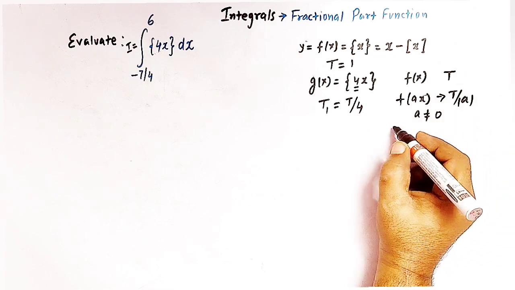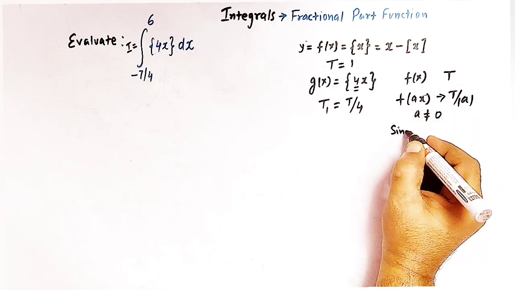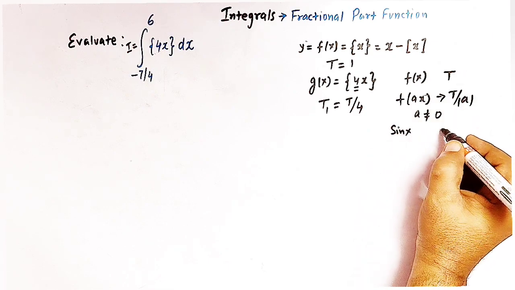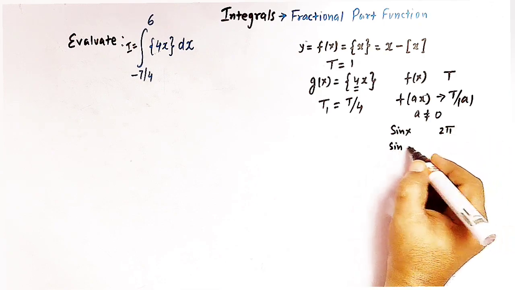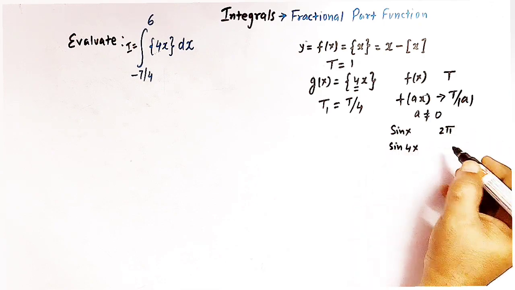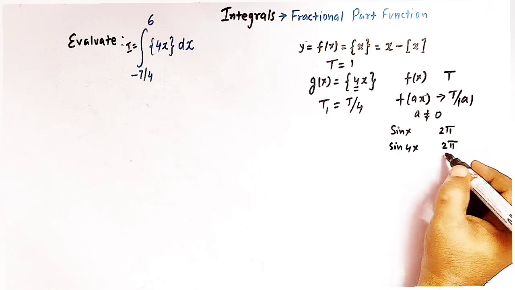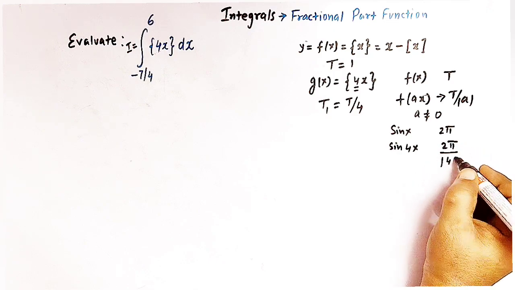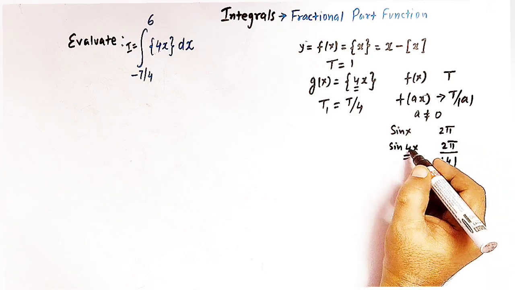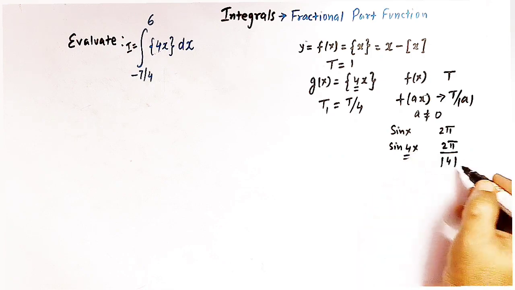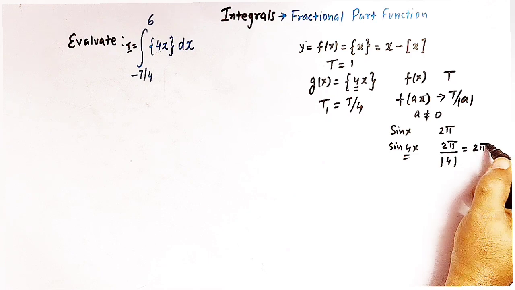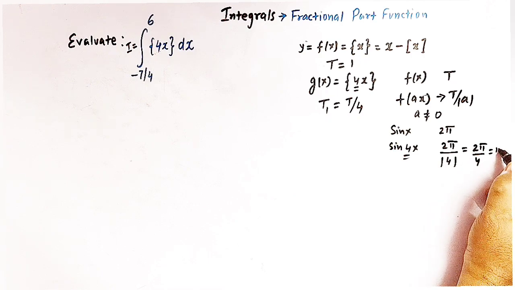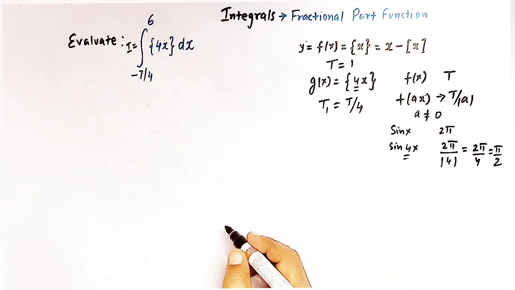Now see, for example, we know that the period of sine x is given by 2 pi, then the period of say sine 4x is given by 2 pi divided by mod of 4. So here we have the coefficient, that is 4. So the period of sine 4x is given by 2 pi over 4, that is pi over 2, right?